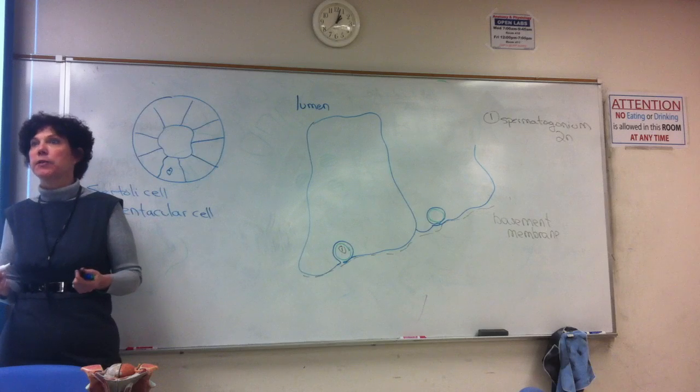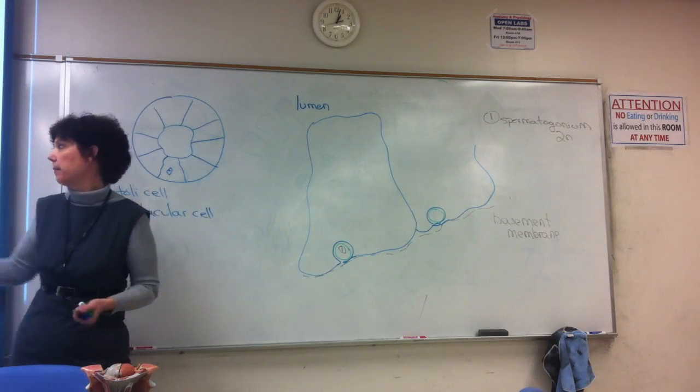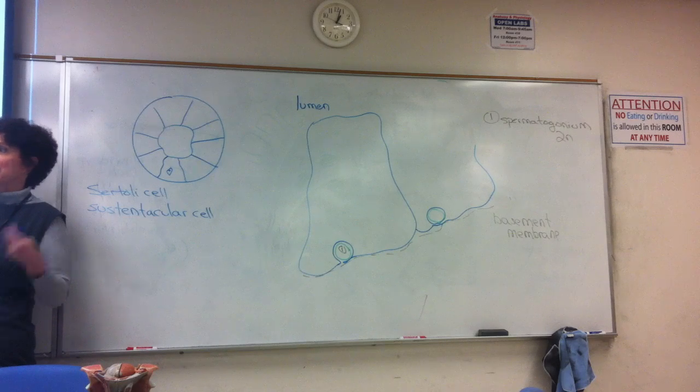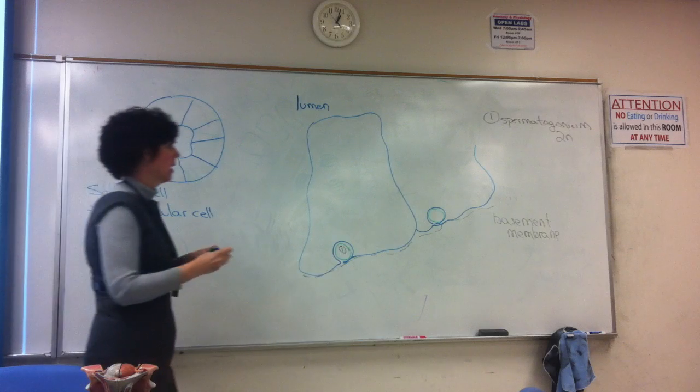They undergo mitosis to make more spermatogonia. One will develop and further differentiate and undergo mitosis. The other one will remain behind to undergo mitosis again, so that we always have a pool. Okay?